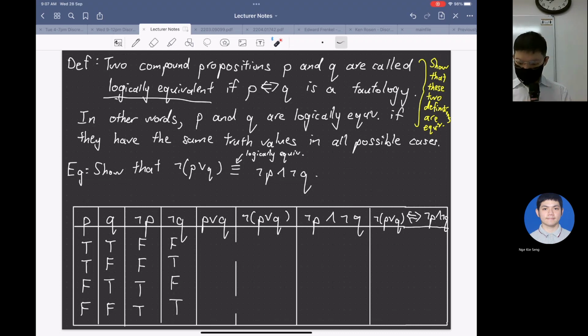So what do I do? I draw the truth table.